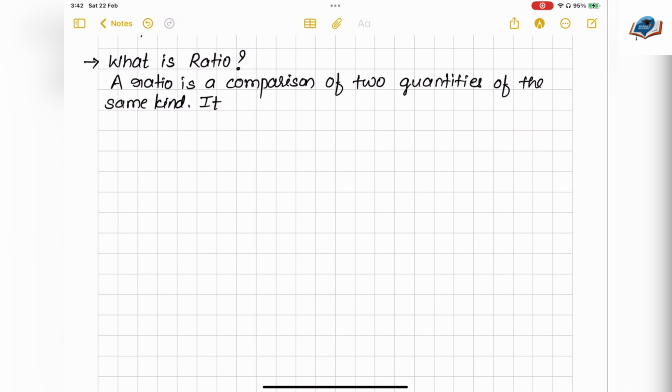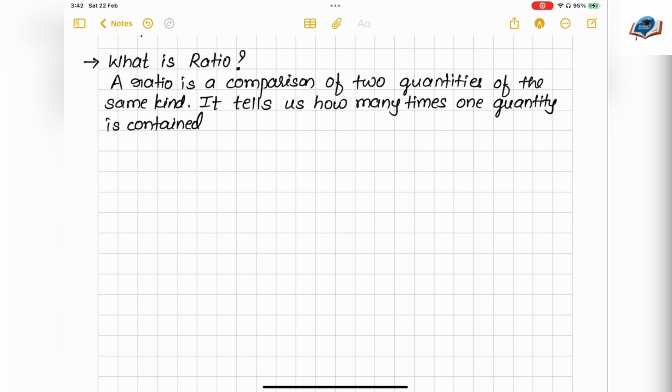It tells us how many times one quantity is contained in another. Now, this makes the definition really confusing.